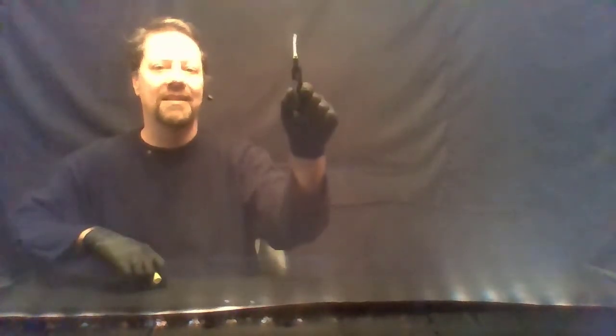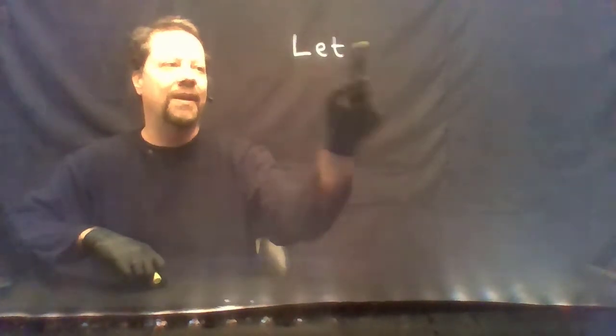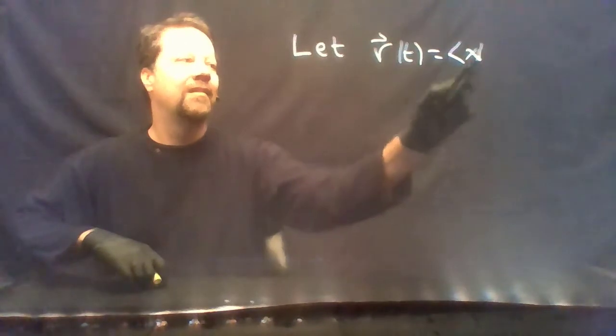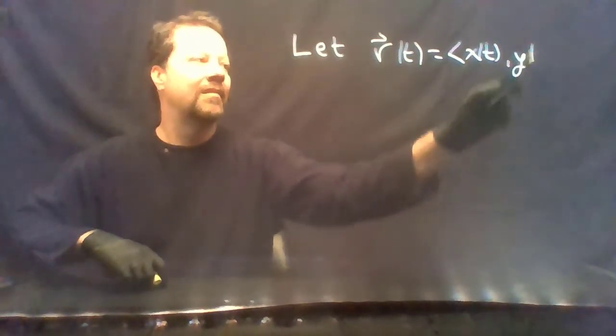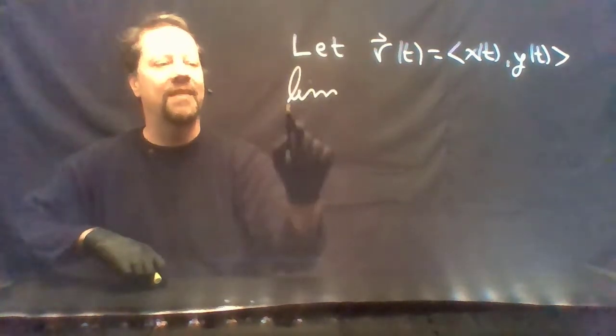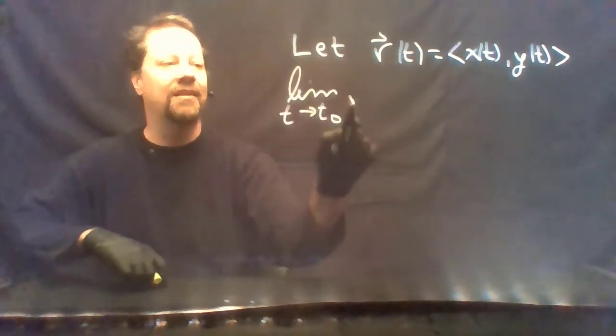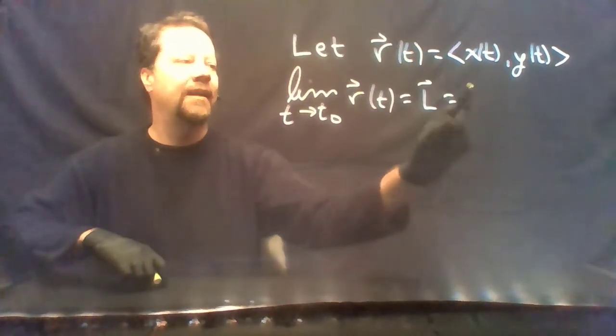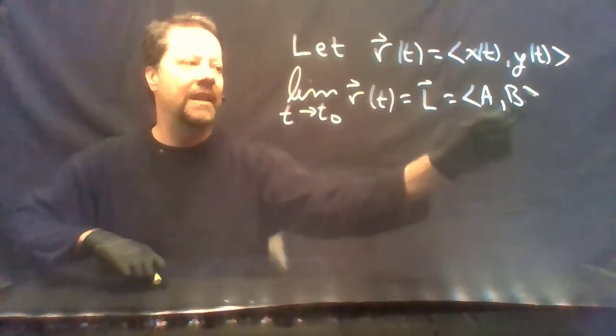So let's look at the following idea. Suppose that we have the limit as t goes to t naught of r of t equals L, and L is the vector a, b.